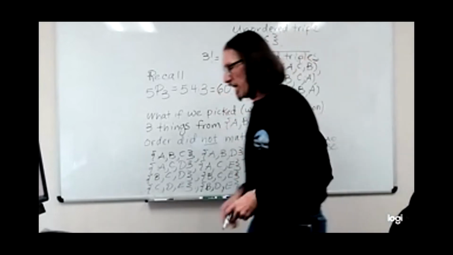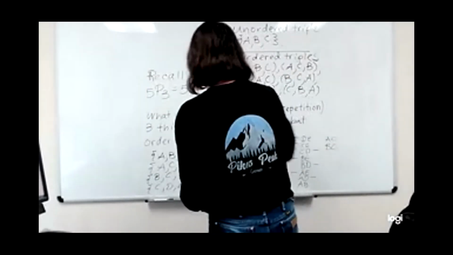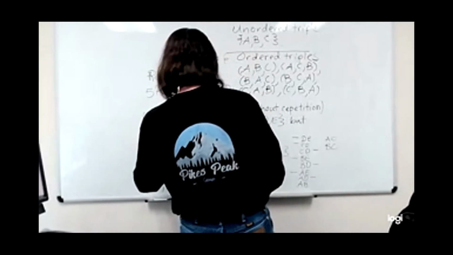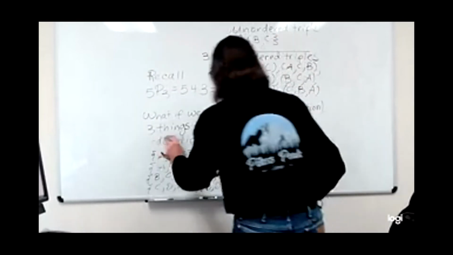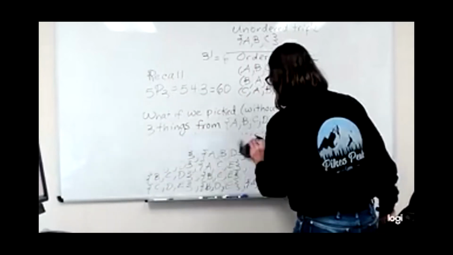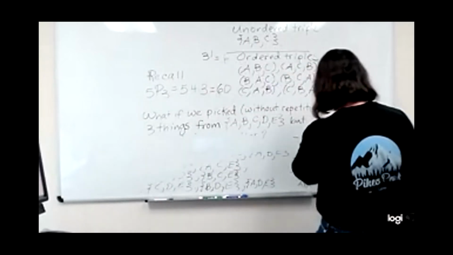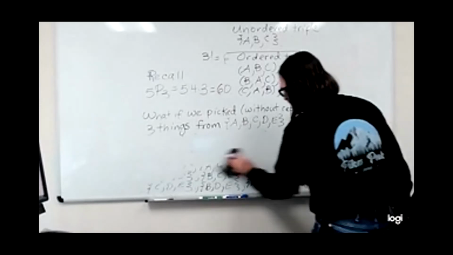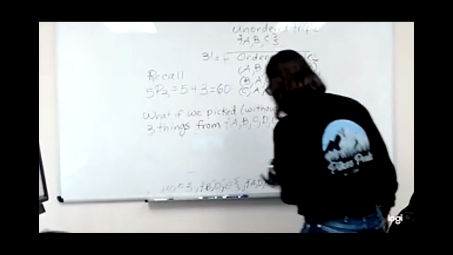What I'm getting at is that this is talking about 5 choose 3 things, talking about a combination. In a combination, there is no repetition, but order does not matter.